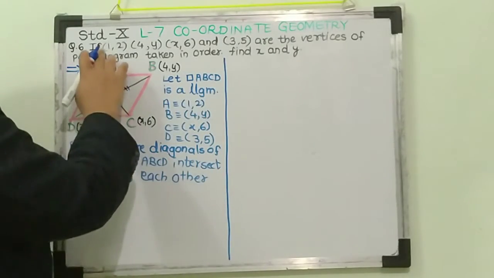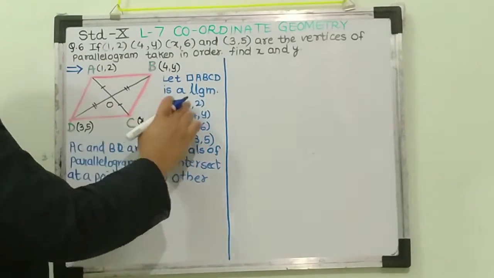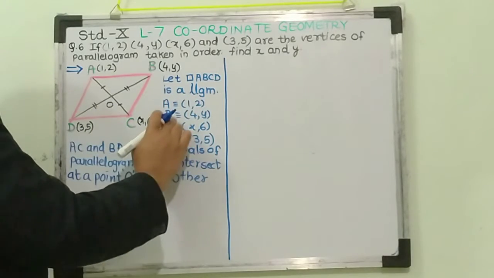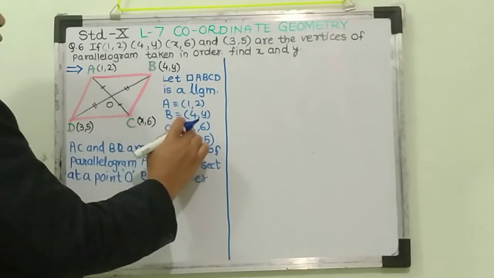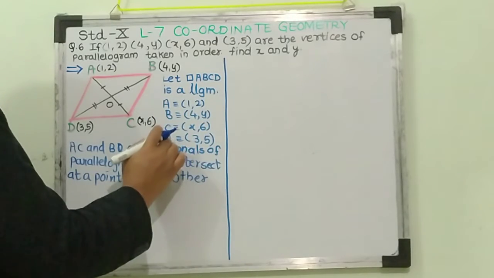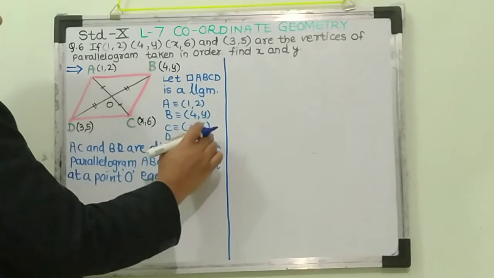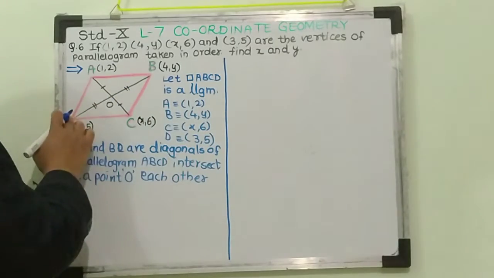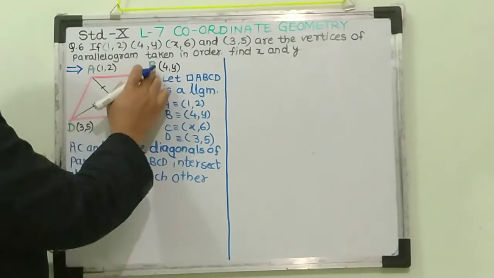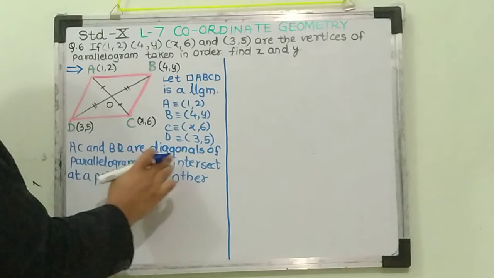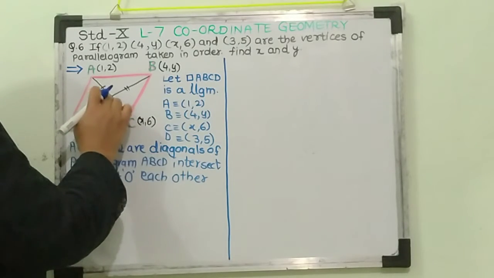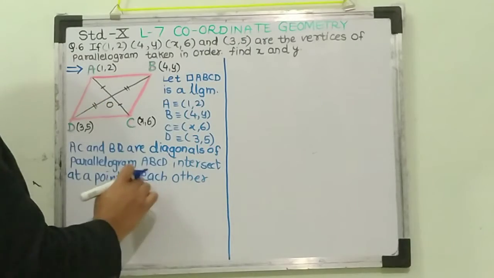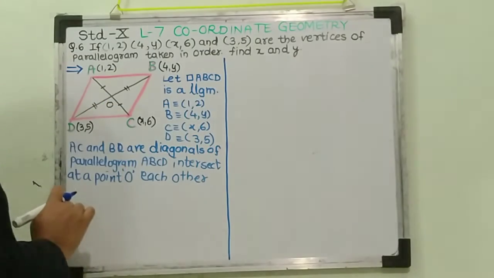Then from the given we take A's coordinates (1, 2), B's coordinates (4, y), C's coordinates (x, 6) and D's coordinates (3, 5). Then we know that AC and BD, the diagonals of the parallelogram, intersect each other at point O. Correct?